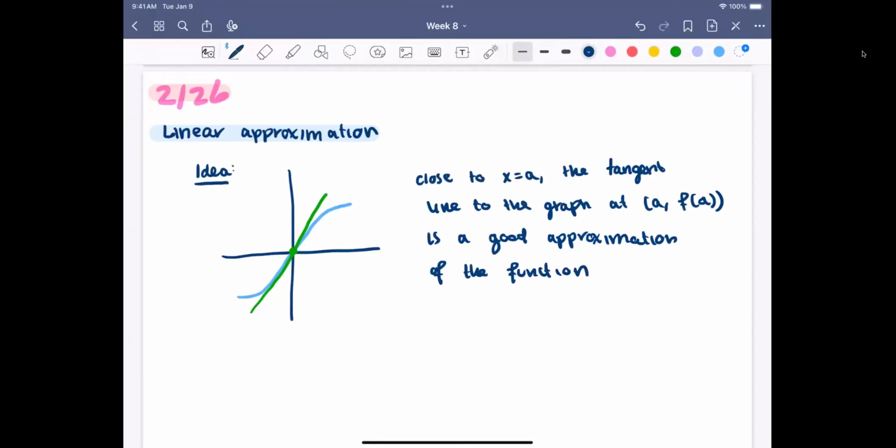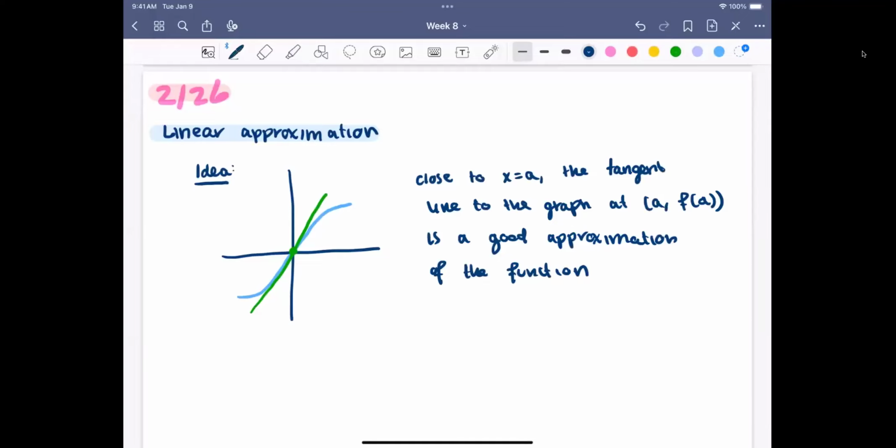So sometimes it's easy for whatever reason to calculate what the function is at a specific value. For example, for sine of x, we know that sine of 0 is 0. And we know several other values of sine just for theoretical reasons.